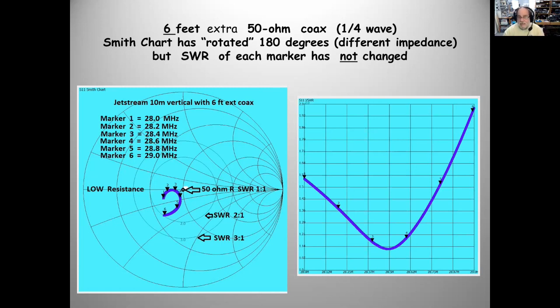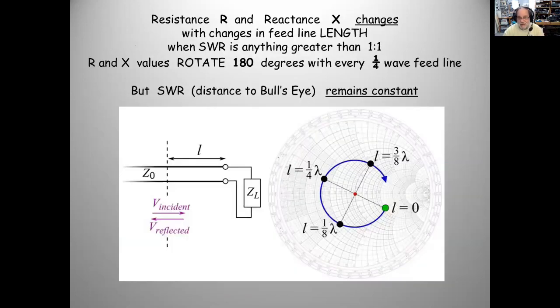So let me stop. It's 3:40, and I've only gotten through about half the slides, but this is a good point maybe to stop and think about this. Let's say I have some feed line and some load, an antenna, and it plots here. This is just an arbitrary plot. And let's say instead of adding feed line, I cut some off. Either cut it off or add it.